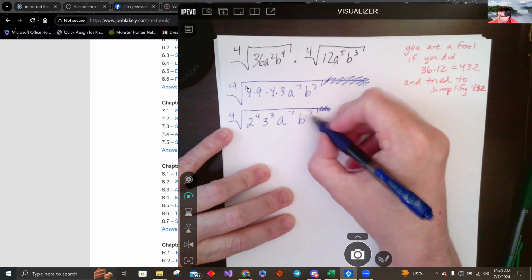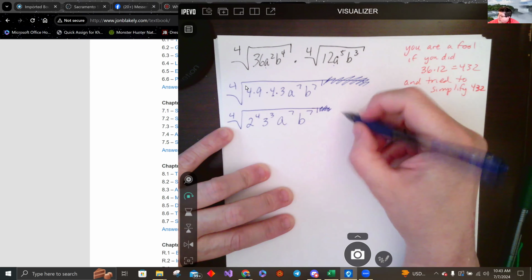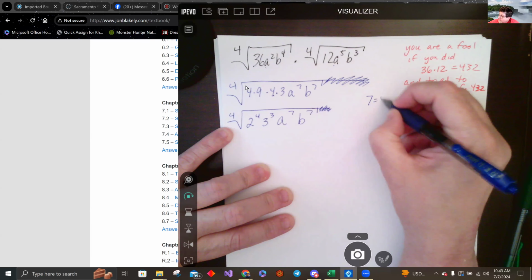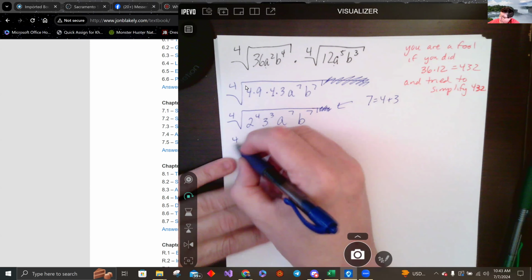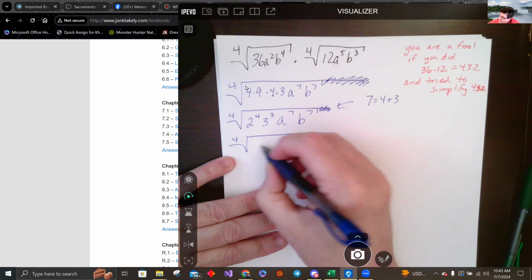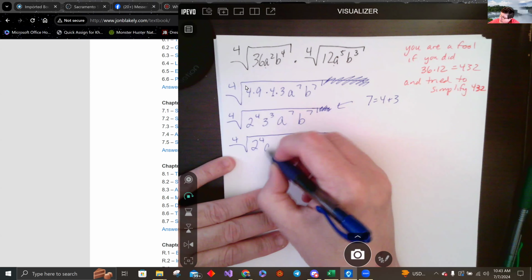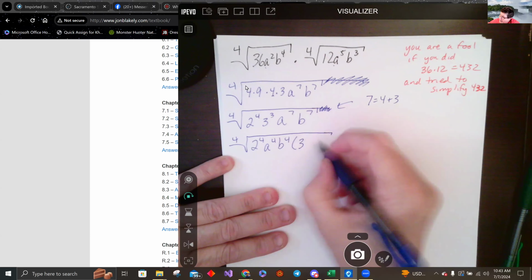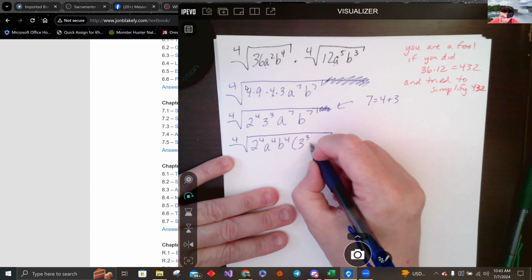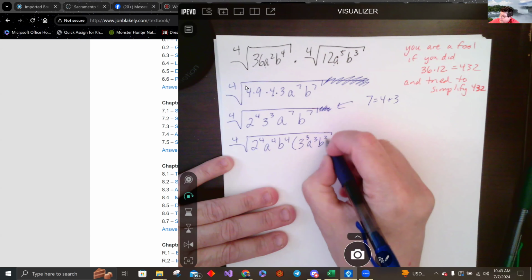So I can break up the 7s into 4 plus 3. So I've got fourth root. I'll put all the things with a 4 on it first. A to the 4th power, b to the 4th power. And I'm left behind with a 3 cubed, a cubed, and a b cubed.